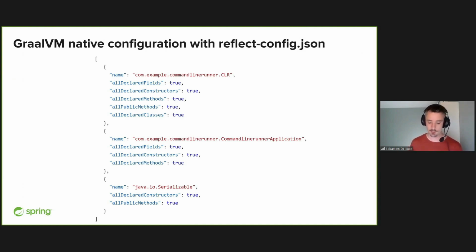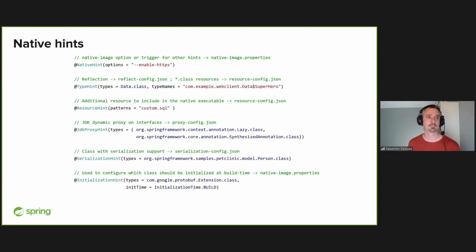Now, what should you do when you are using a dependency from your company or a dependency which is not yet supported? You can write this kind of file if you want, but we also provide a more convenient way to add native support for your libraries if needed. If you are using some feature that requires explicit configuration, there are those native hints annotations.